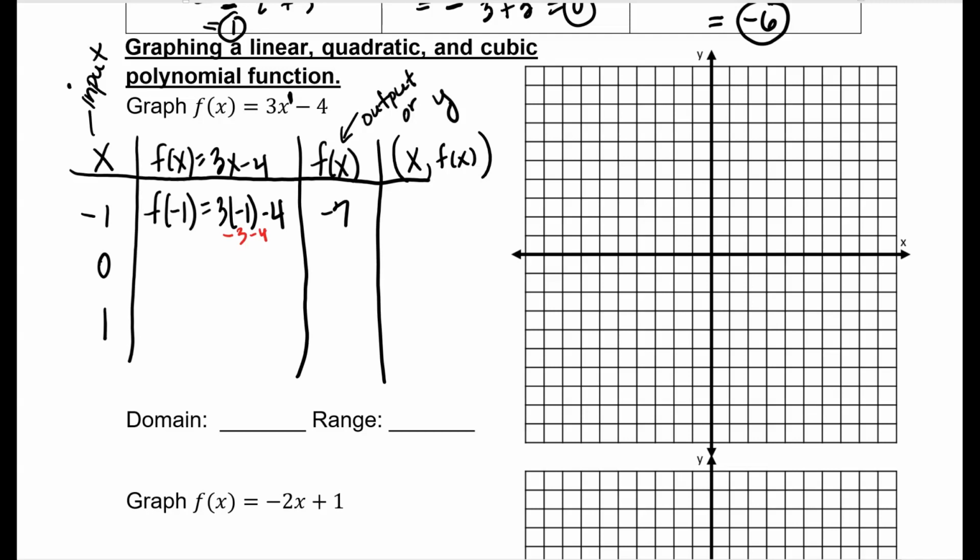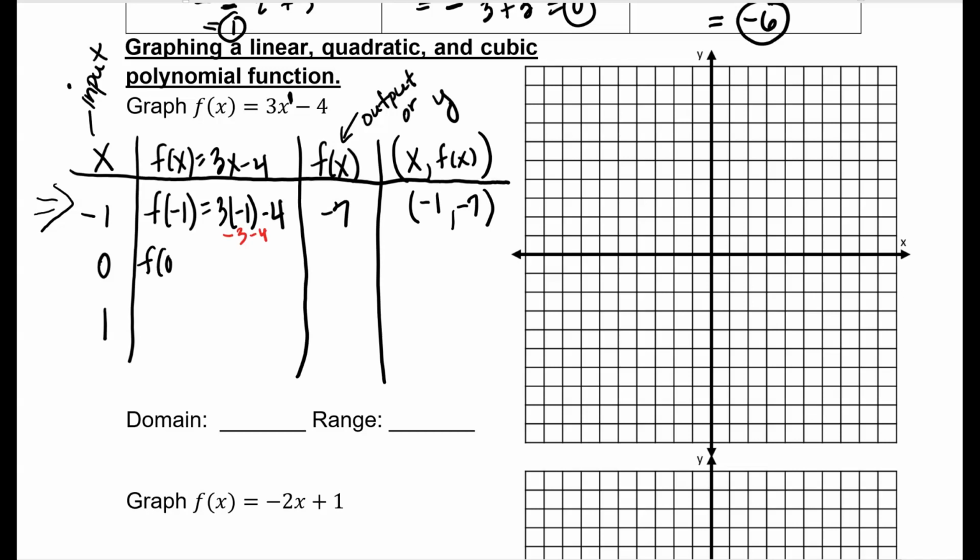Normally I would write x, y, but since f of x is the same as y, we now write x, f of x. Our point will be, what is x? -1, because that was our input. And what is our y? Our y is -7. So our point is -1, -7.